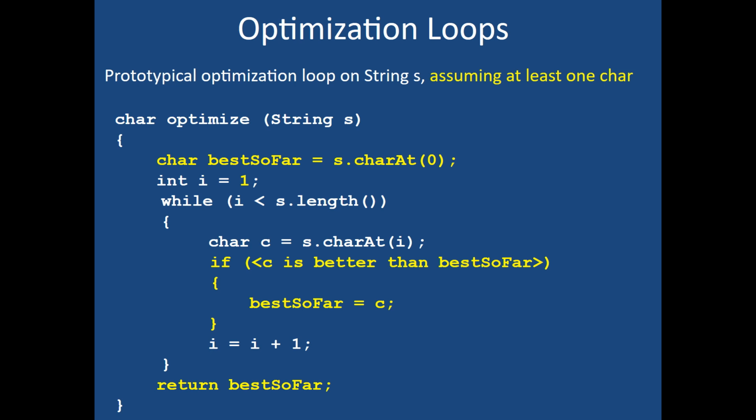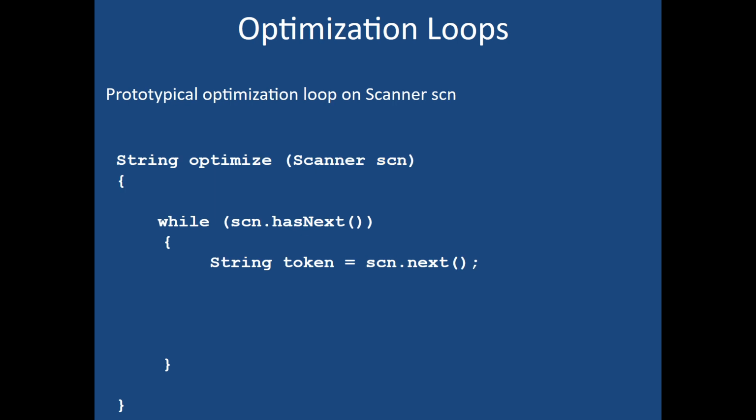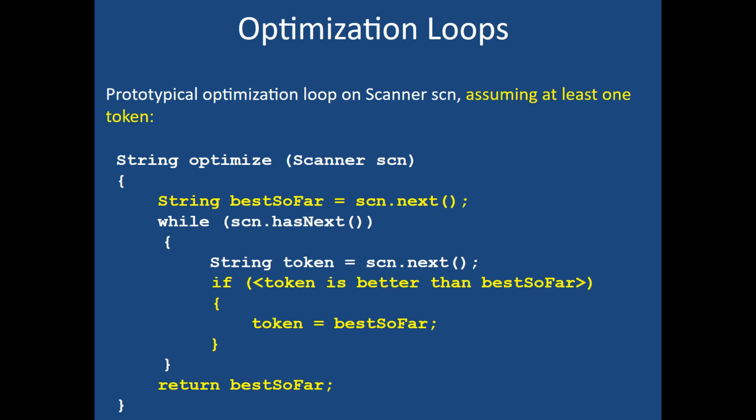What if we don't want to make that assumption? How would we change this? We have an impossibly bad character, and we start with i equals 0. And scanner, same deal. You paste in the 3 same chunks of code if you're assuming there's at least one token.